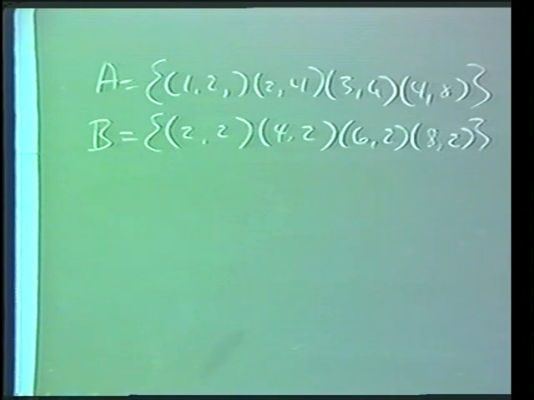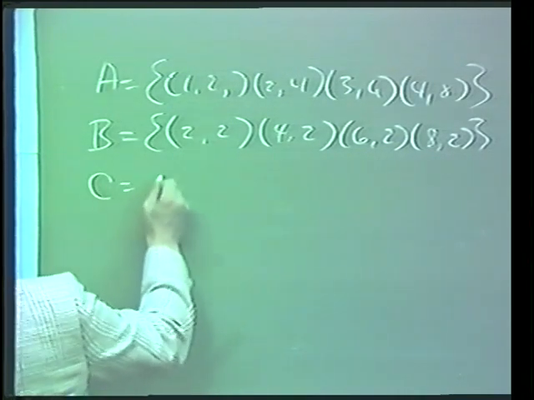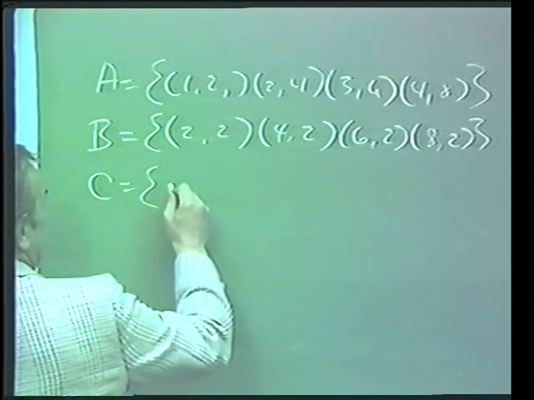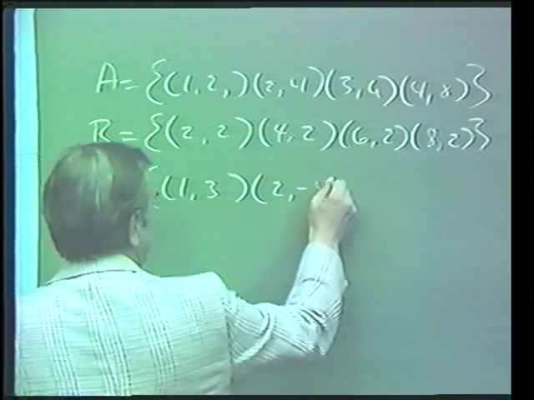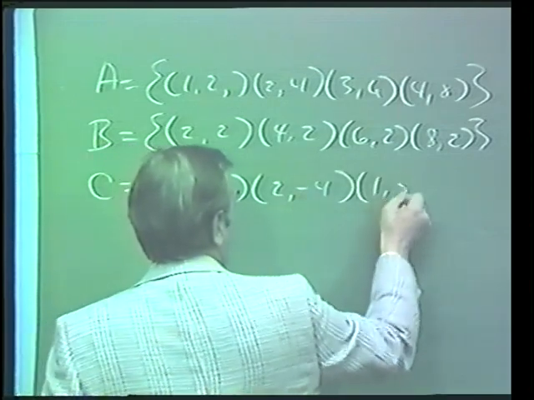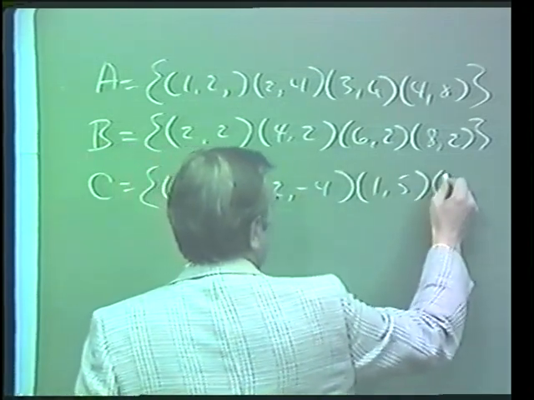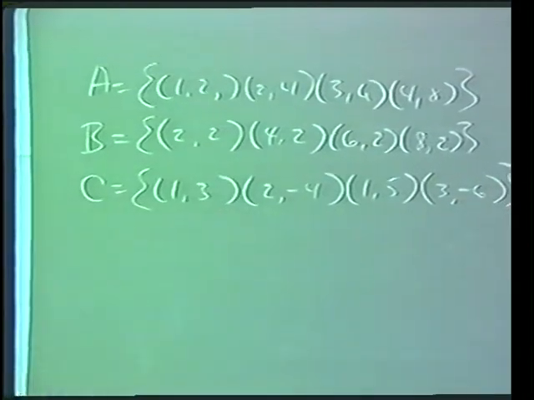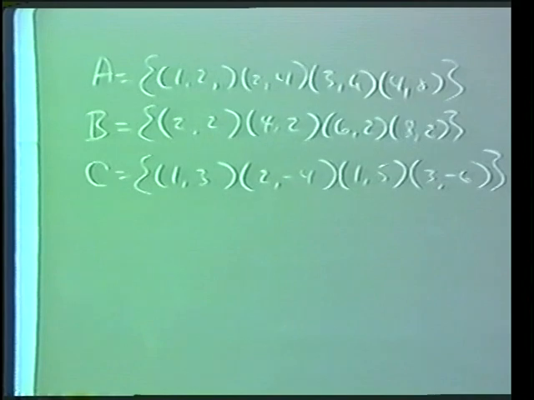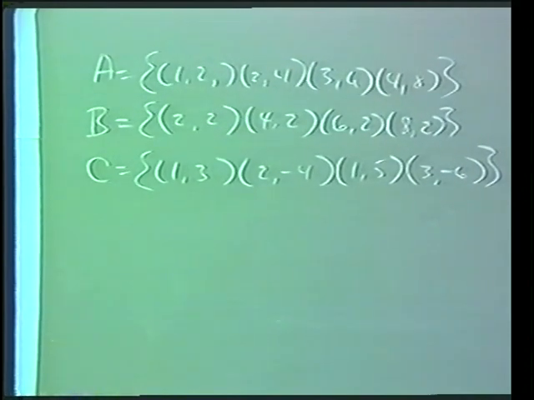B is a set of ordered pairs. One more, C. C is a relation. These are all relations. They're spelled out for you. These are ordered pairs.